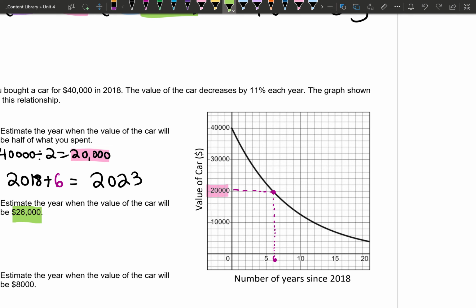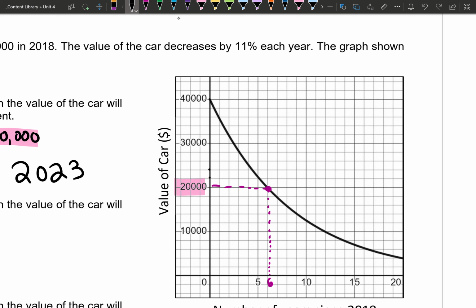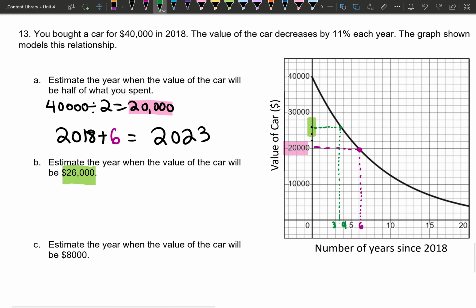Next, let's estimate the year where the value will be 26,000. Okay. Well, let's see. 26,000, I think this is going by 2s, right? 2, 4, 6. This is 26. And let's see where it hits my graph. Right there. So that's between 3 and 4. Yeah.